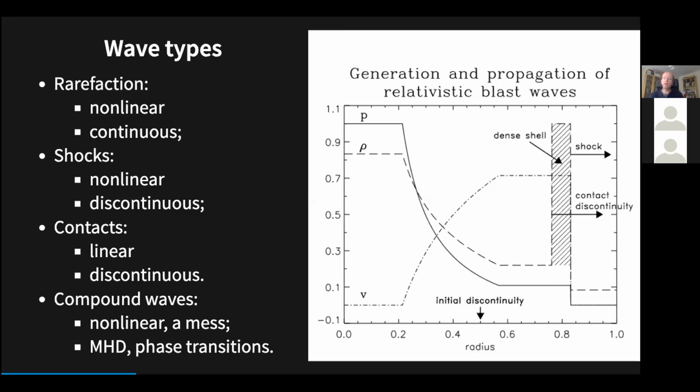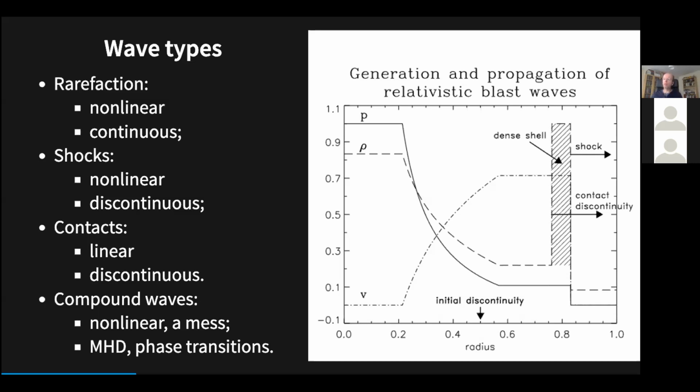Finally, there is the third characteristic wave, which is associated with the advection velocity, and this wave is linear. However, it's still discontinuous, and that's the wave associated with this contact discontinuity in the center, where the density jumps, but the velocity and pressure remain continuous.